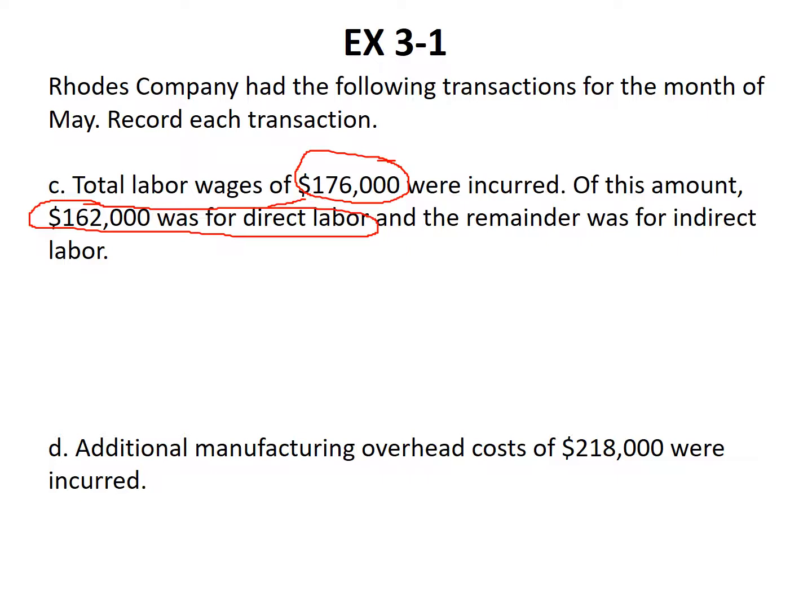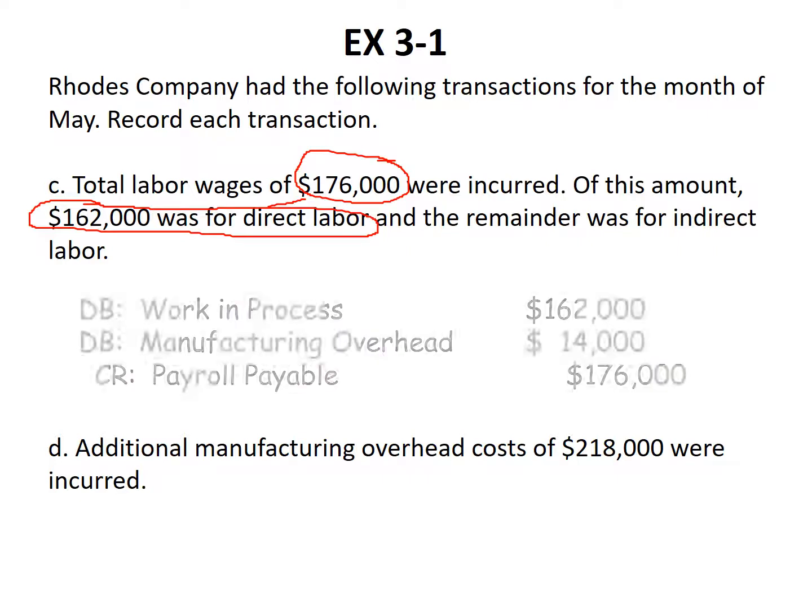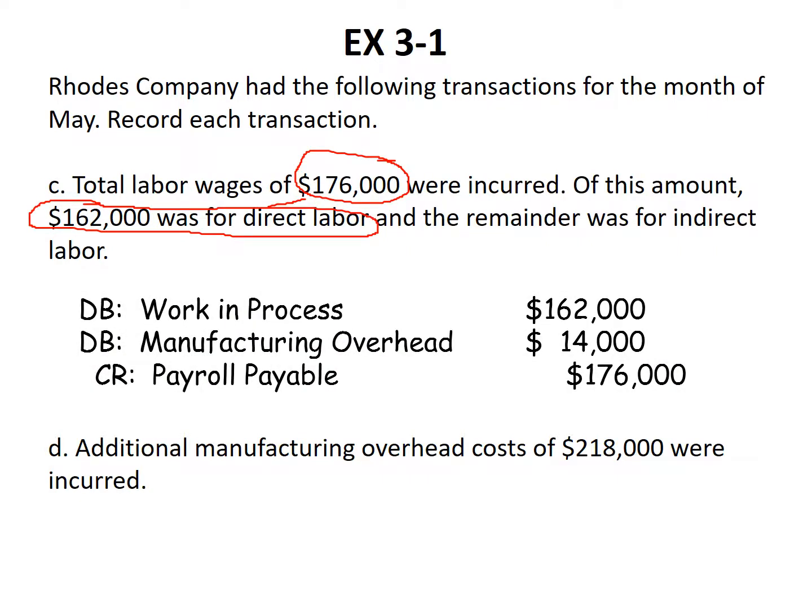So let's go ahead and take a look at the journal entry for this. Debit work in process, $162,000, which represents $162,000 for direct labor. Also, we said we also used some labor for manufacturing overhead or indirect type of work on the production floor, and that was a difference between the total labor wages and the amount that we use for direct labor.